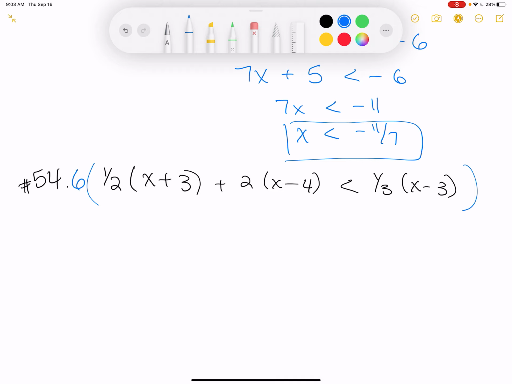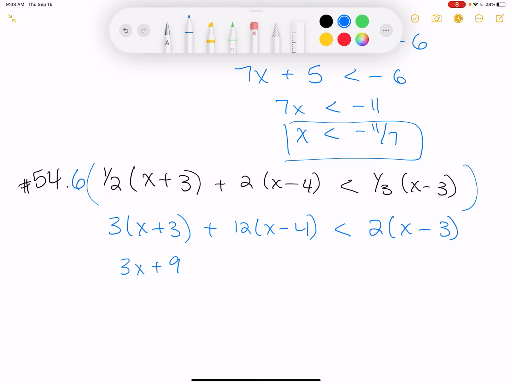So 6 and 1/2 cancels to 3. So 3 times x plus 3 plus 6 times 2, so 12 times x minus 4, less than 3 times 1/3 is 2 times x minus 3. And then distribute. 3x plus 9 plus 12x minus 48 is less than 2x minus 6.